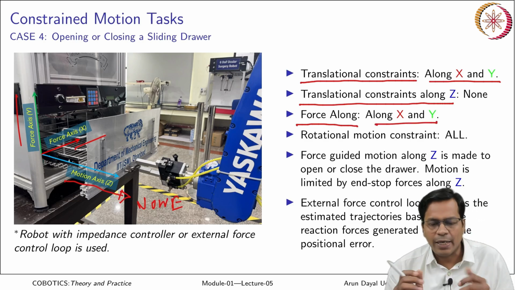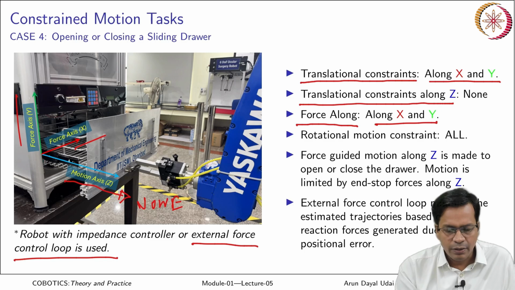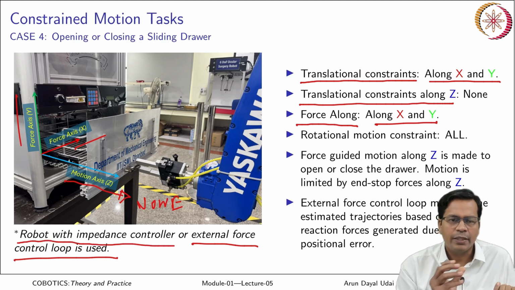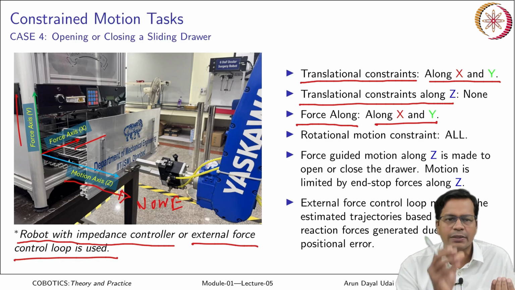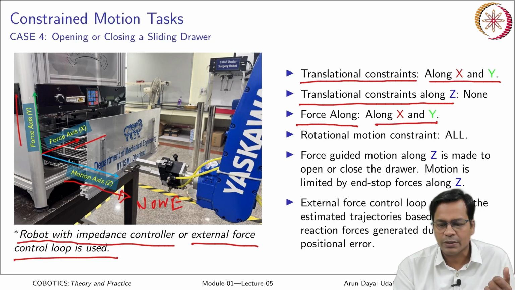Okay. So, this kind of assembly again requires an external force control loop, or in case of a cobot it can be an impedance controller. So, it has a quite good amount of compliance along all the directions, or programmed compliance along those directions.